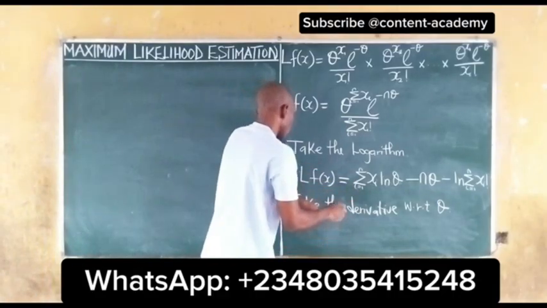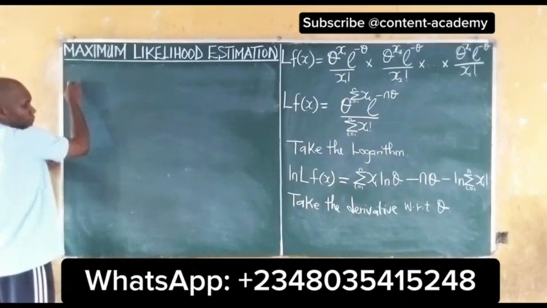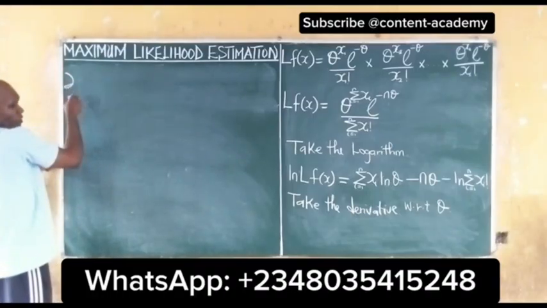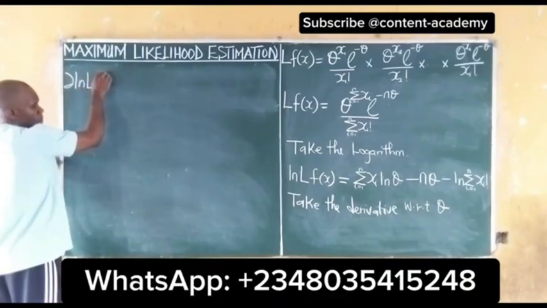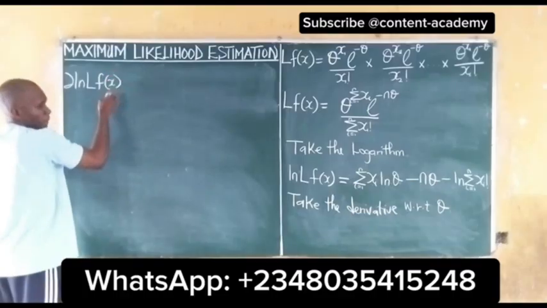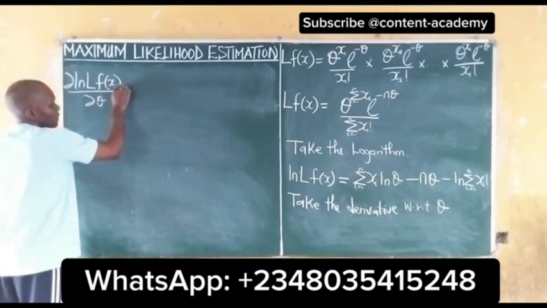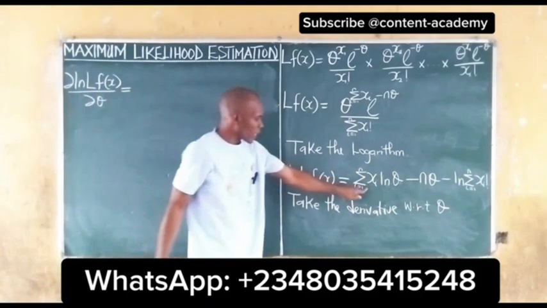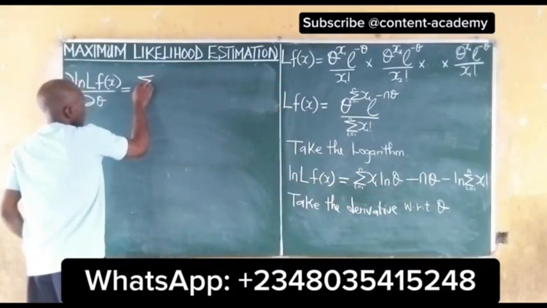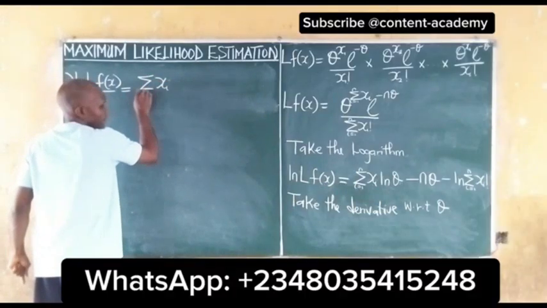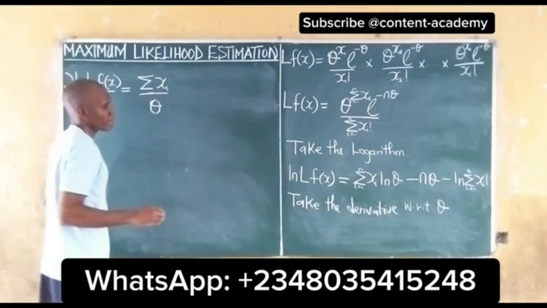So we take the derivative of this function with respect to theta. It will now give us the derivative of the log likelihood with respect to theta equal to summation of xi all over theta.